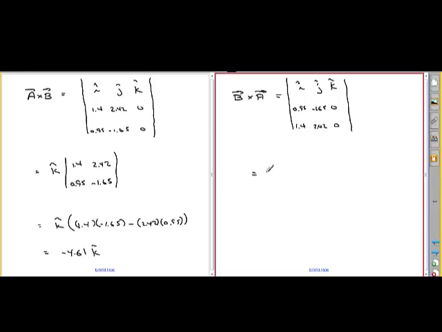The only difference is going to be the sign. You'll get positive 4.61 k. So the order of the cross product makes a difference. It doesn't change your answer, except you could change the sign, and if you had i, j, and k components, they would all change sign. So you can see what's happening: 0.95 times 2.42 minus a negative 1.65 times 1.4. We're multiplying the same numbers together. We just have this times that minus that times that, so you get positive.